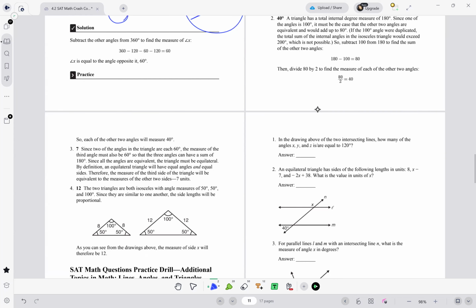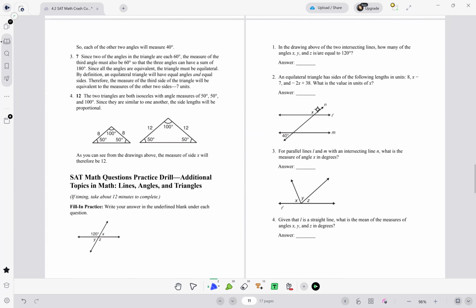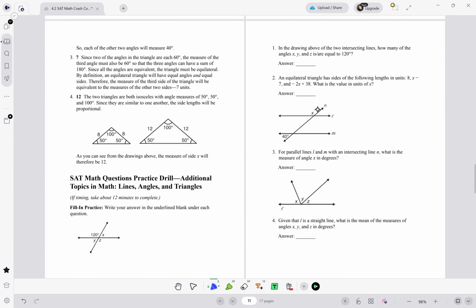And in the drawing above of intersecting lines, how many of the angles x, y, and z are equal to 120 degrees? Because of the concept of vertical angles, we have only one angle that is 120 degrees, because x is going to be 180 degrees minus 120 degrees.